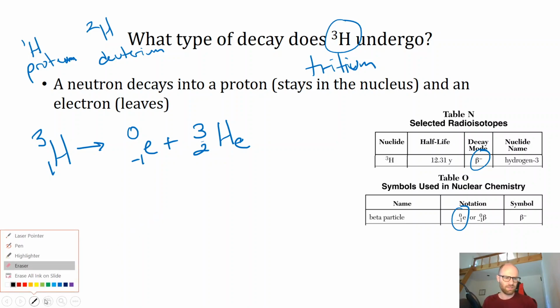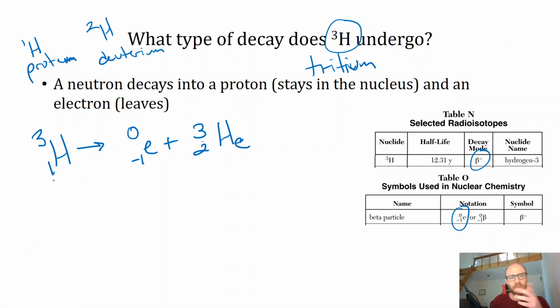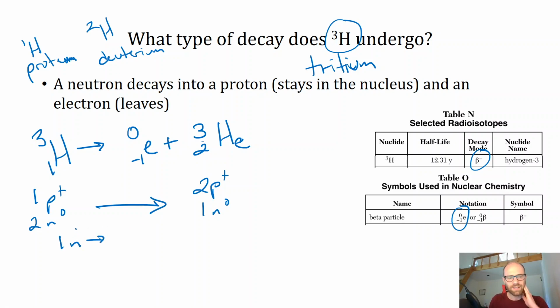Now what's really strange about this, I'm going to try and take this slow, because I realize I'm talking a lot. A particle of tritium is 1 proton and 2 neutrons, right? And a particle of helium-3 is 2 protons and 1 neutron. So really, to get from here to here, 1 neutron has to become 1 proton plus 1 electron.